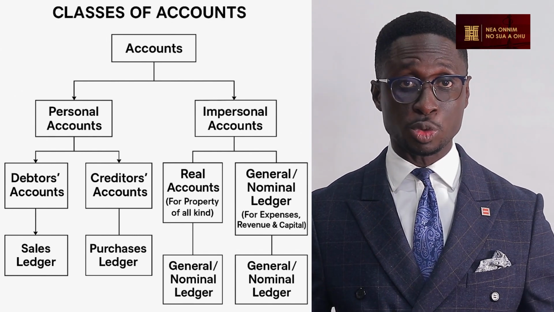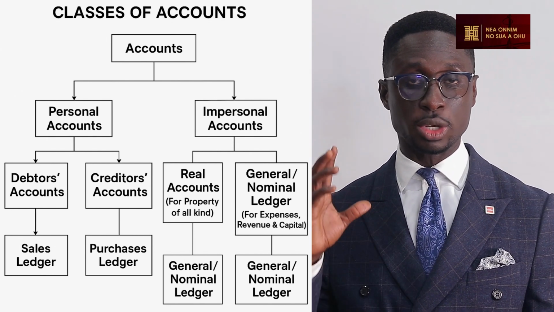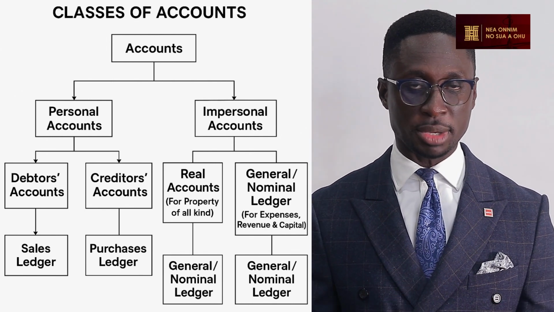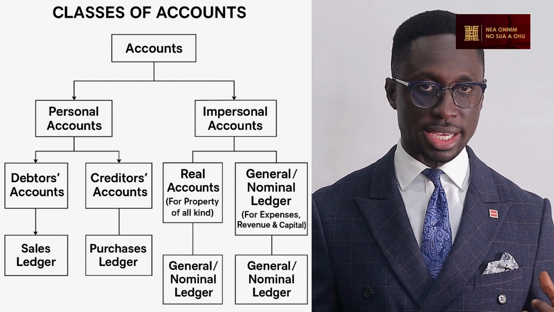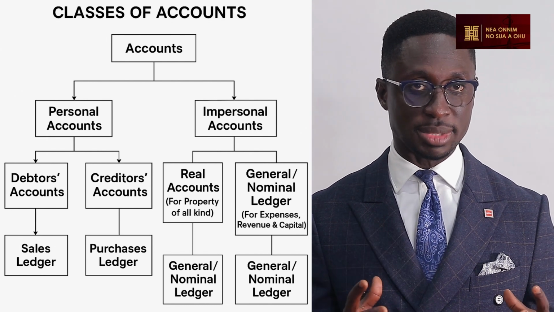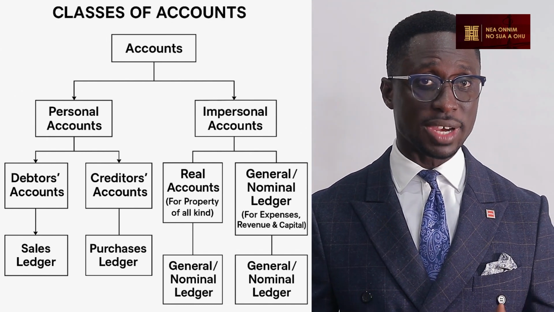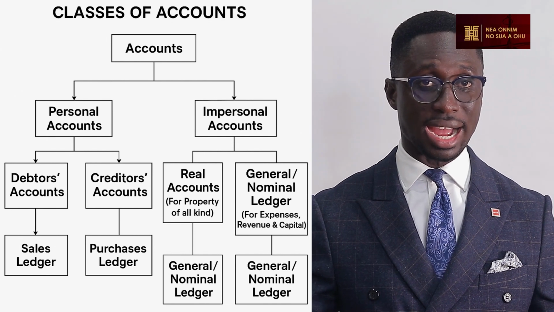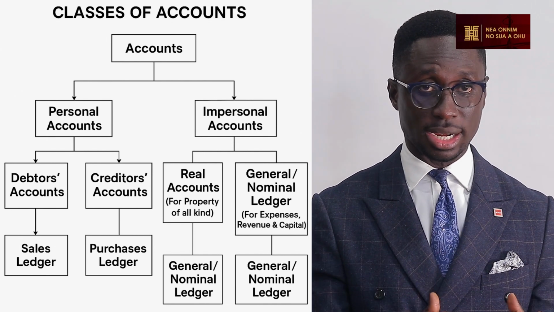And for us to be able to produce goods, we'll require goods purchased from our suppliers. And so typically, our suppliers and customers are identifiable persons or entities. And that's why they are personalized accounts.